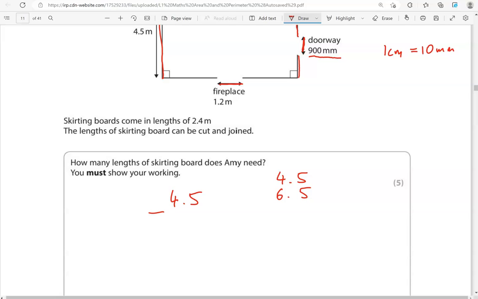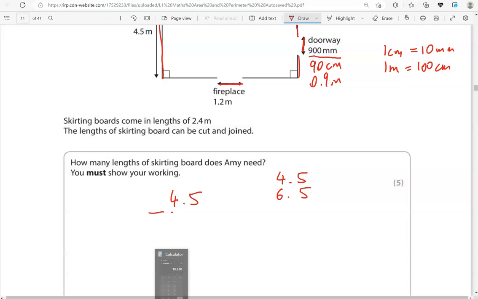So we're going to divide this by 10, which gives us 90 centimeters. We know that in 1 meter there are 100 centimeters. So 90 centimeters is less than a meter. It's 0.9 meters. It's like dividing 90 by 100.